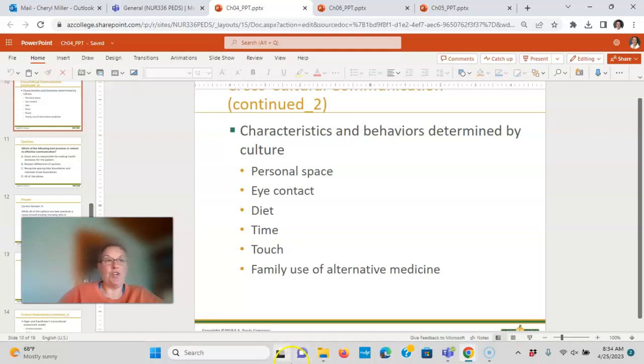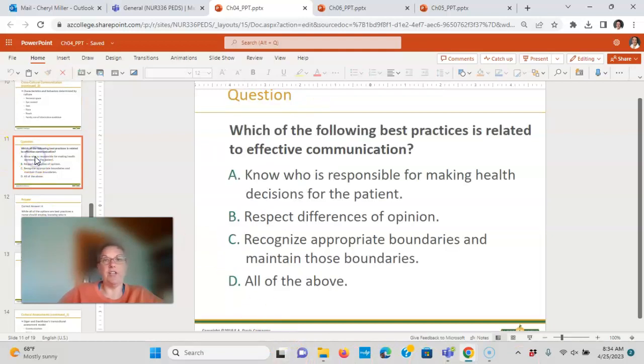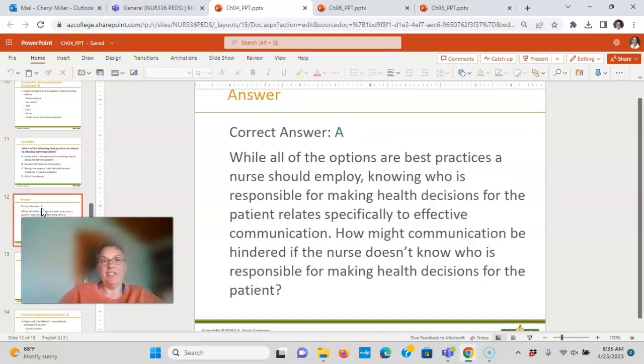Okay, so let's go on to clicker check. Which of the following best practices relates to effective communication? Respect differences of opinion, recognize appropriate boundaries and maintain those boundaries, know who's responsible for making healthcare decisions.